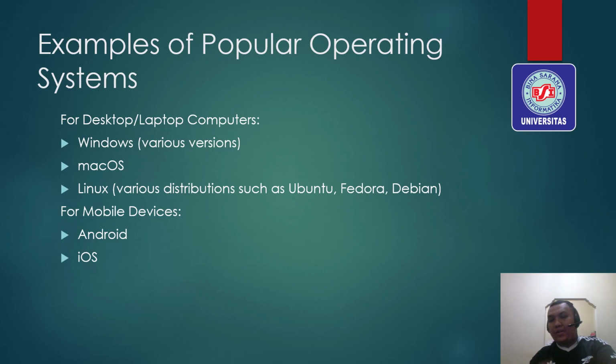Examples of popular operating systems: for desktop and laptop computers, there is Windows, in various versions like Windows 10, Windows 11, Windows 8, Windows 7, 8.1, Windows XP, Windows Vista, Windows Millennium Edition, Windows 98, and Windows 95. And then there is macOS, like in the MacBook or in Apple, and then Linux.